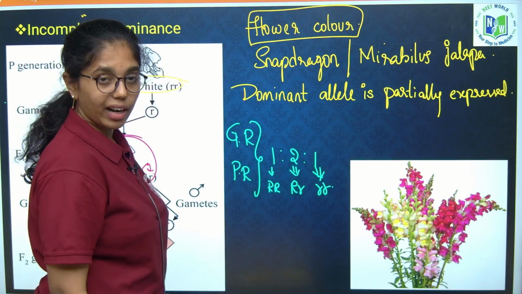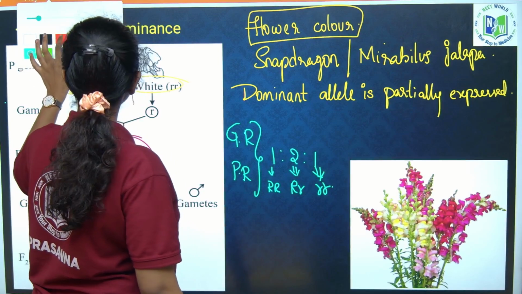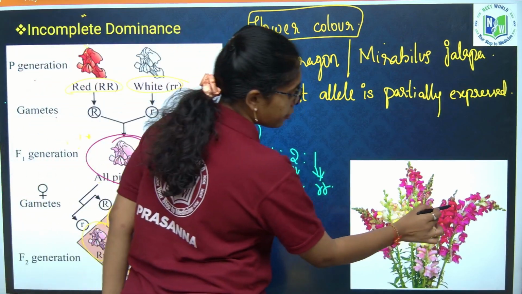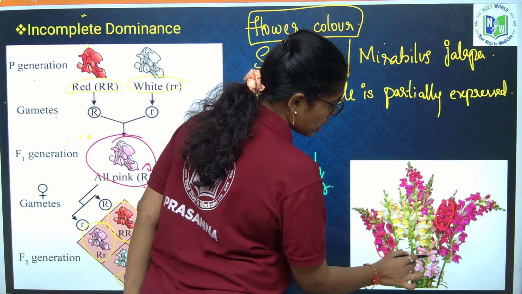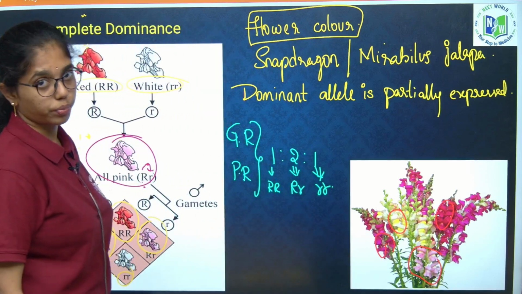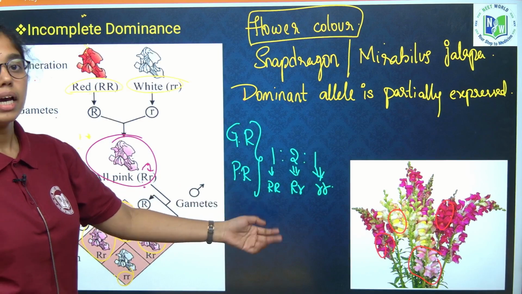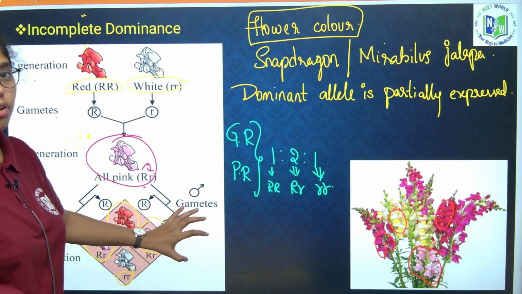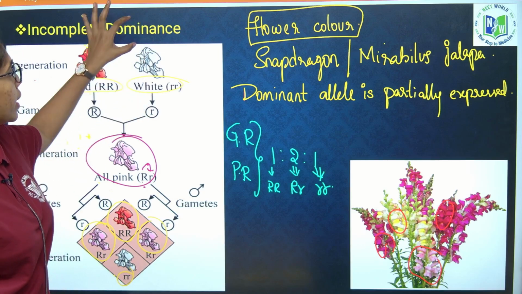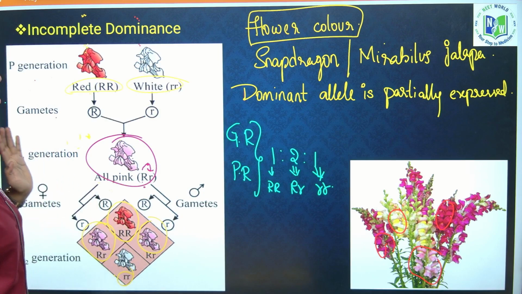So, in snapdragon or Mirabilis jalapa, you can observe all the red flowers, all the pink flowers and all the white flowers too. Okay, all the red, pink and white flowers you can see clearly. So, this is the result of what? Incomplete dominance. So, incomplete dominance is a phenomenon which deviates from Mendel's principle.